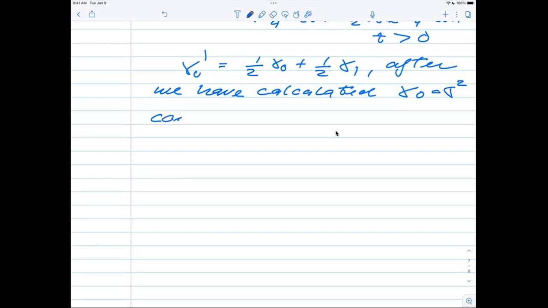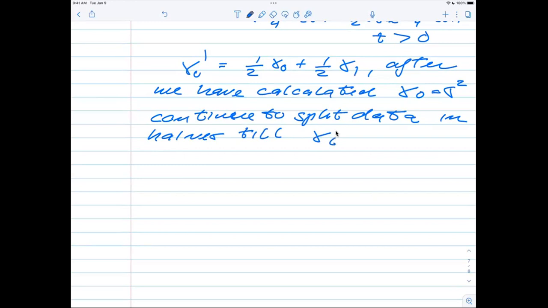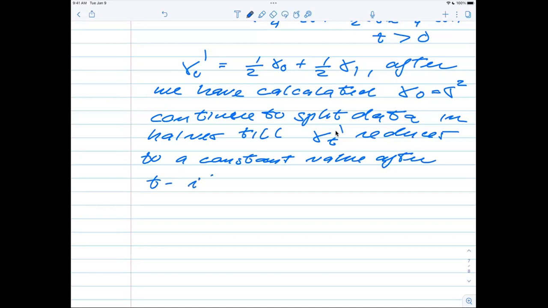So we would then continue to split the data in halves till this gamma of t reduces to a constant value after t iterations.